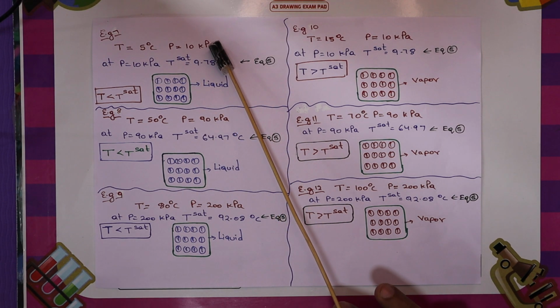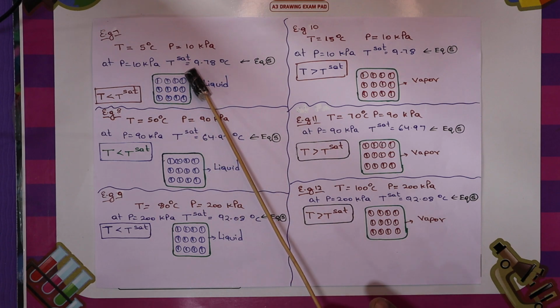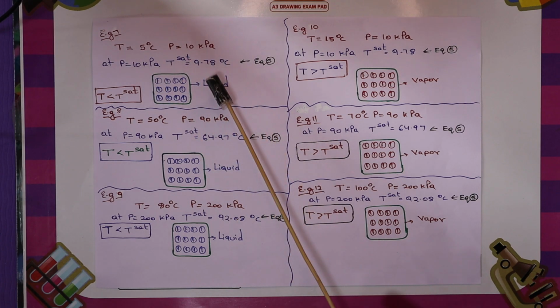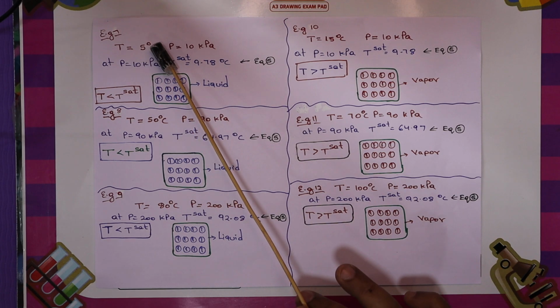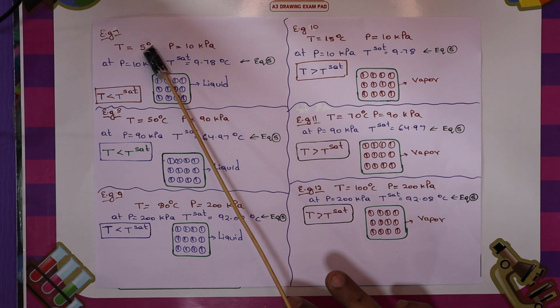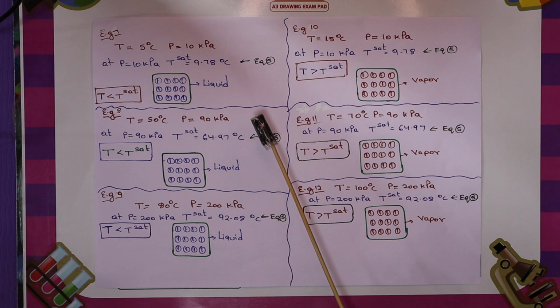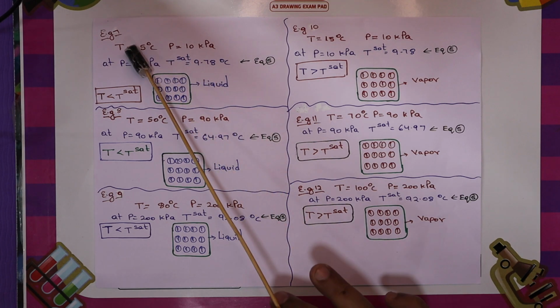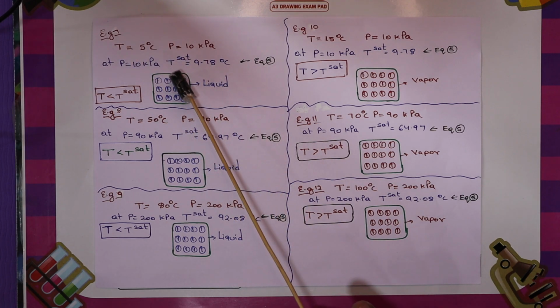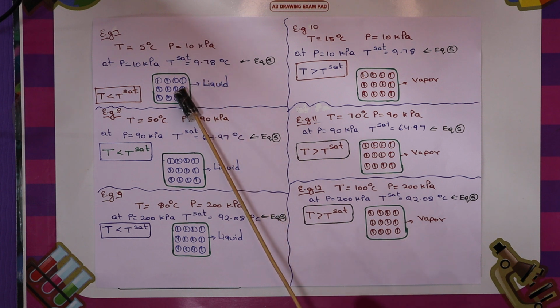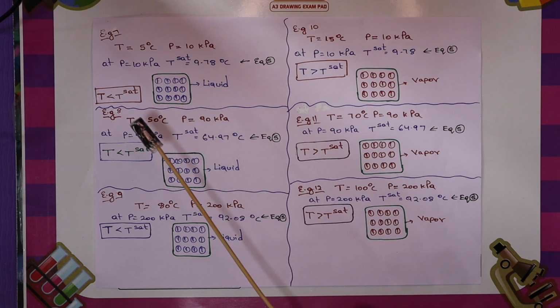Let us take the basis of pressure. At 10 kilopascal pressure, the saturation temperature is 9.78 degrees centigrade. But the existing temperature in the container is 5, which is less than the saturation temperature. That means there is a chance that the entire chamber of N-hexane is in the liquid phase.